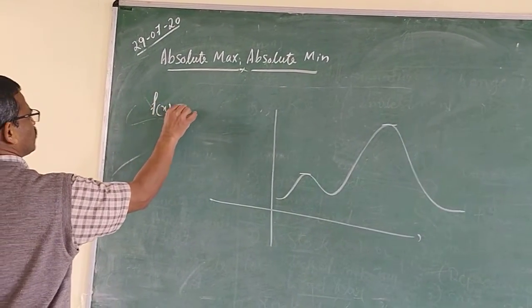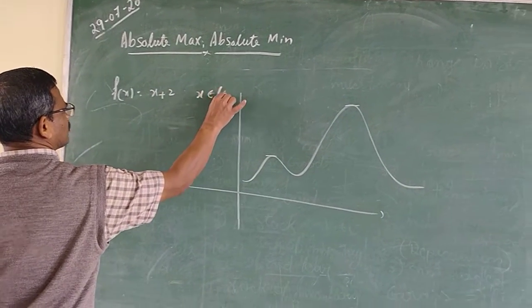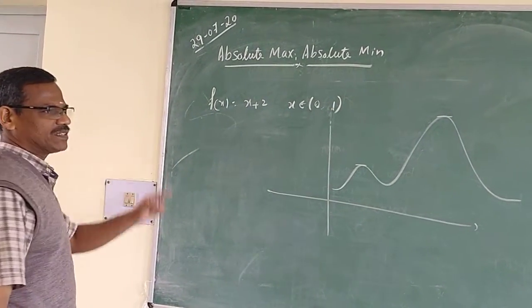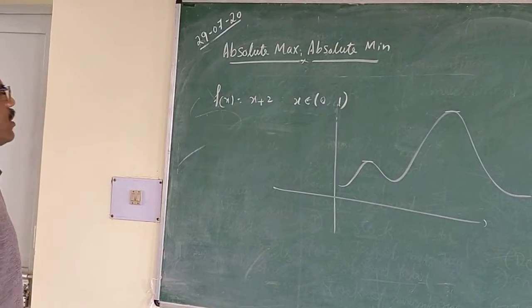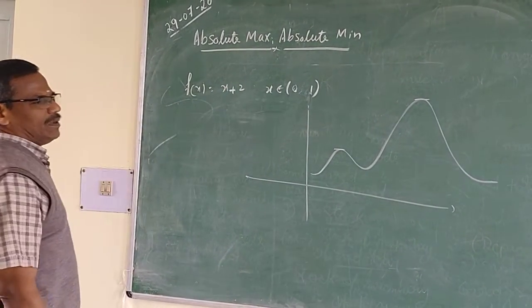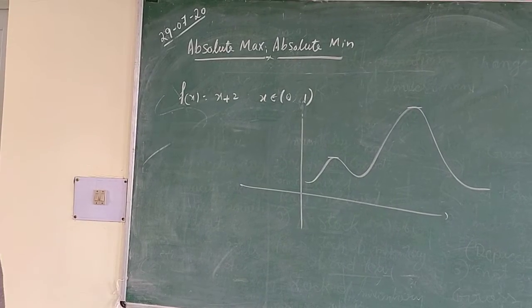Say f(x) is equal to x plus 2, and x is in the open interval 0 to 1. A simple example. Now, what is the local maximum for this function?